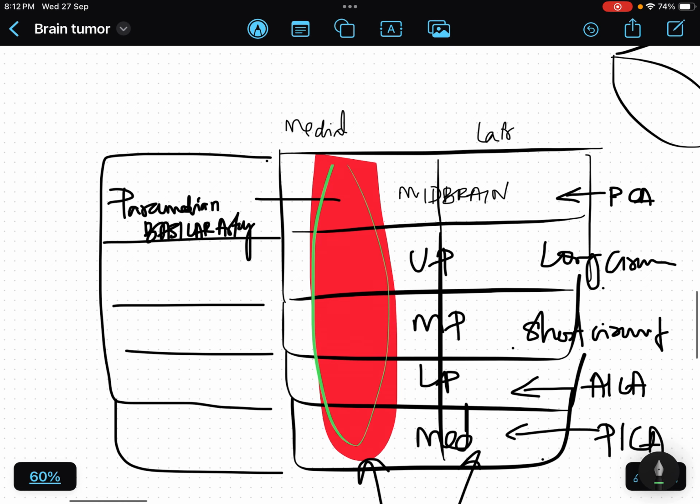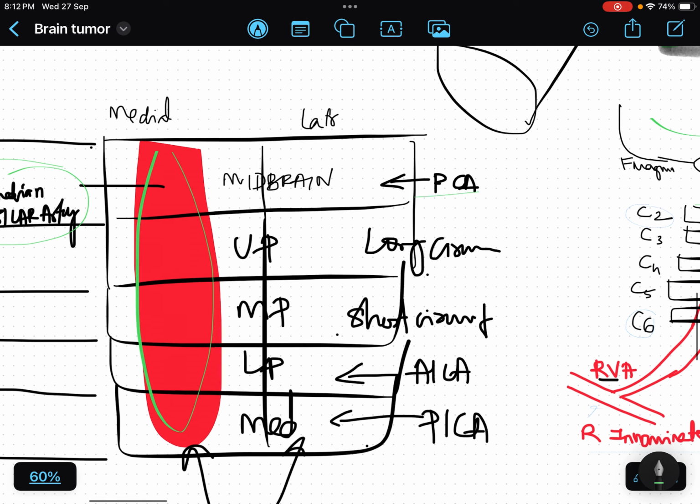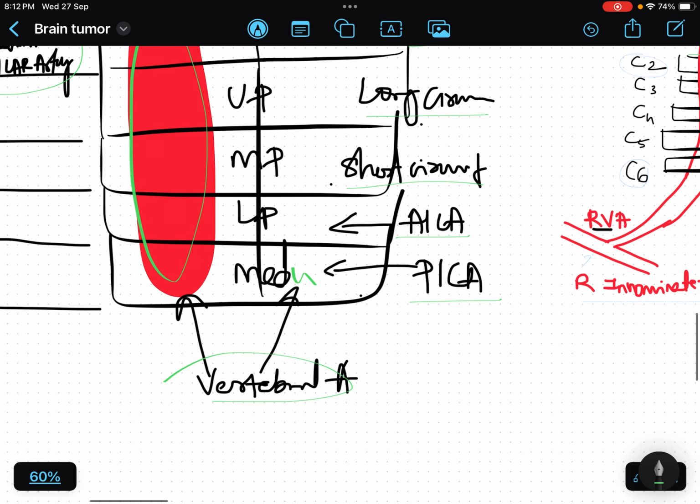All medial structures will be supplied by the paramedian basilar artery. Lateral structures: midbrain, PCA. Upper pons, long circumflex. Mid pons, short circumflex. Lateral pons, AICA, lower pons, AICA, and medulla, PICA. The medulla can also be supplied by direct branches from the vertebral artery.